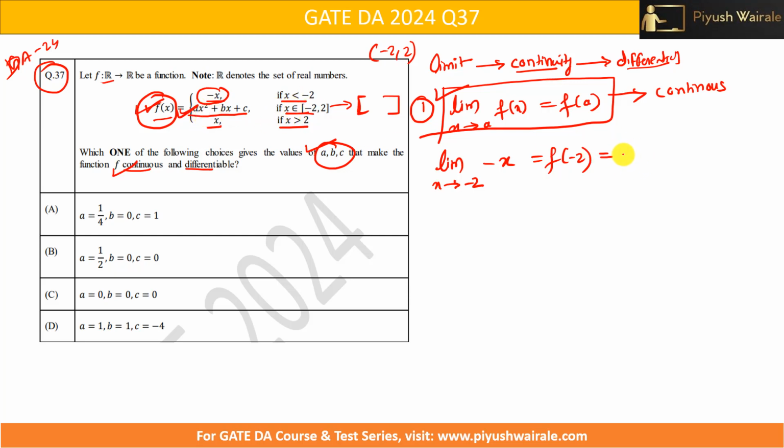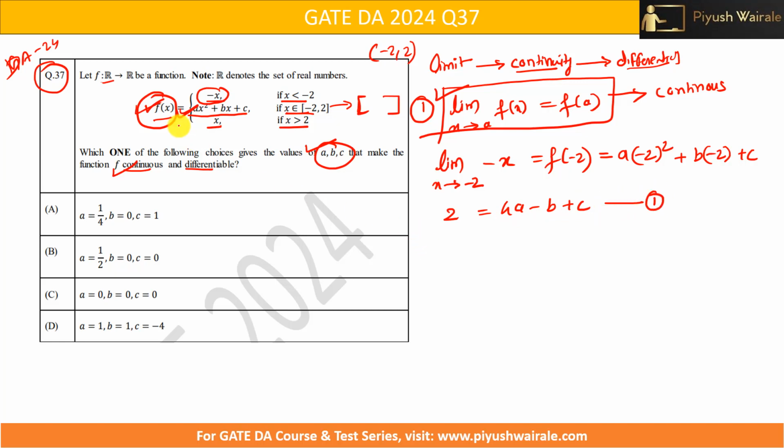What will I get? a times minus 2 whole square plus b times minus 2 plus c. So just simplify this. First find the limit: just put the value of x here. What you will get? 2, since minus of minus 2 is 2, equals 4a minus 2b plus c. So this is basically equation number 1.